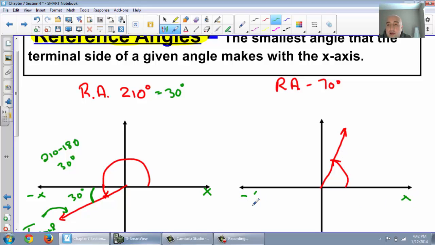Well, which one am I nearest to, the positive x-axis or the negative x-axis? Well, I'm closest to the positive one. What is the reference angle of 70 degrees? How far is that line from the x-axis? Well, if you're in the first quadrant, the reference angle is just whatever the angle is. So the reference angle of 70 degrees is 70 degrees.